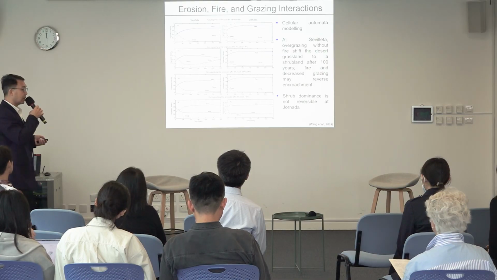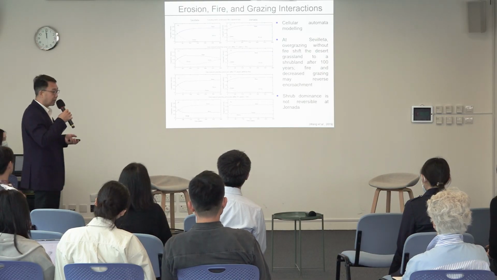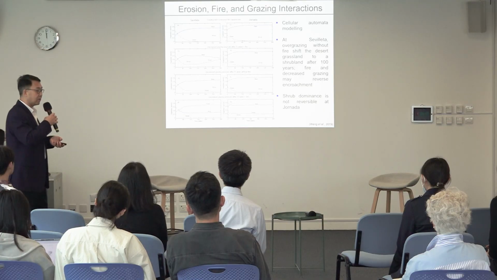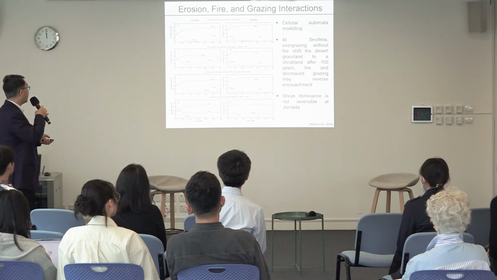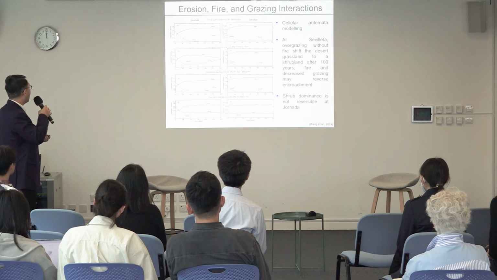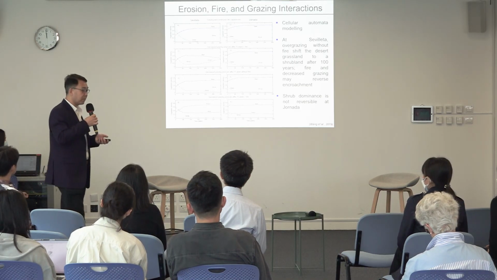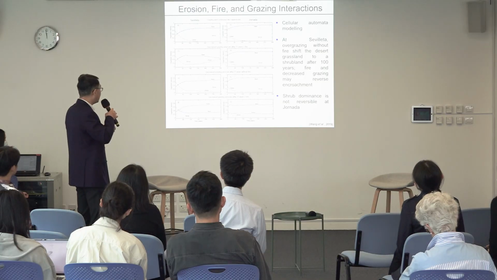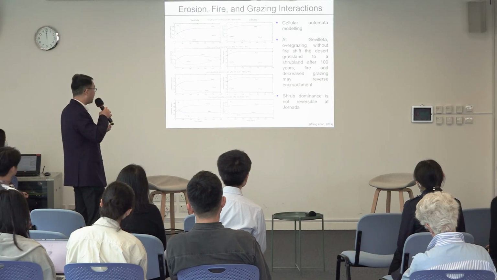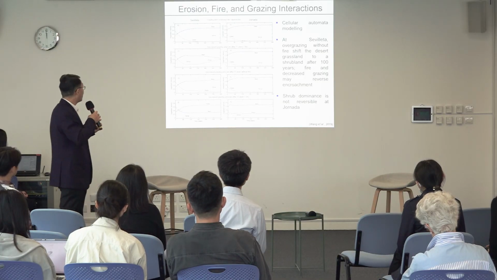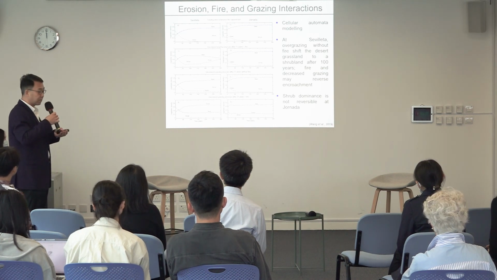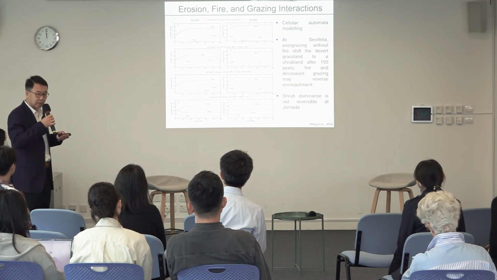This is a modeling study, right, where we integrate the processes of fire, the processes of grazing, and erosion. So in that way, we have to use a model to do it, because this is a long-term experiment. Those processes will not have substantial results after only a few years, right?